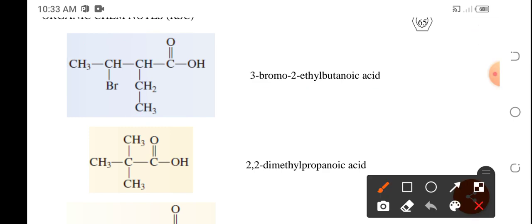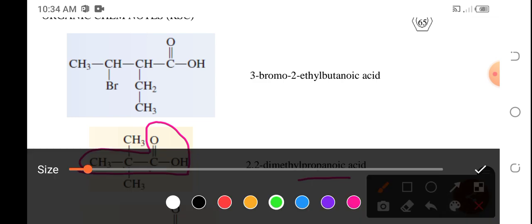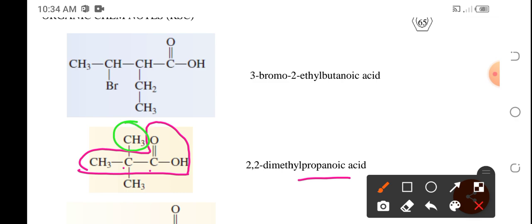Next, you have to select the parent chain. It has three carbon atoms, so that is propanoic acid. What is not included in the propanoic acid is this part and that part. They are the same, both methyl groups. There are two identical methyls, so we use di. Numbering it, carbon number 1 will be for the carboxyl, so this is carbon number 2.